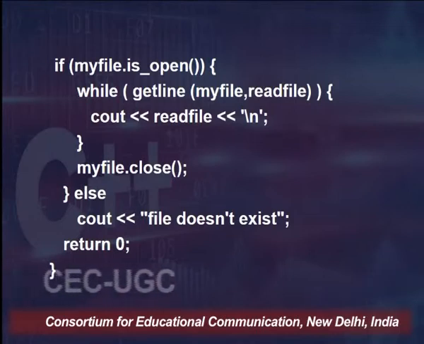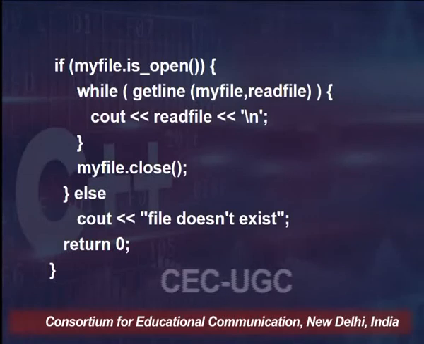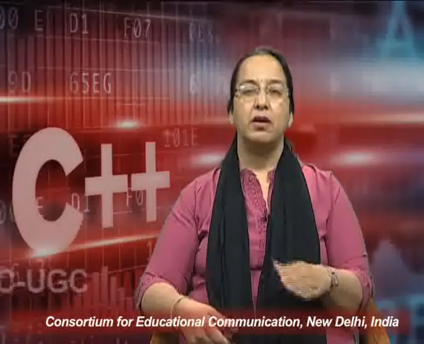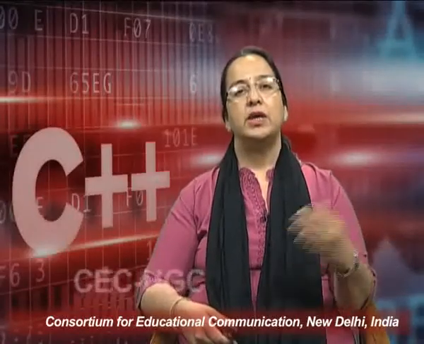So it will take the input from the file and print it onto the screen. The previous program was about taking the input from here and printing it onto the screen. This program is taking the input from the file and outputting it onto the standard screen with the help of cout.